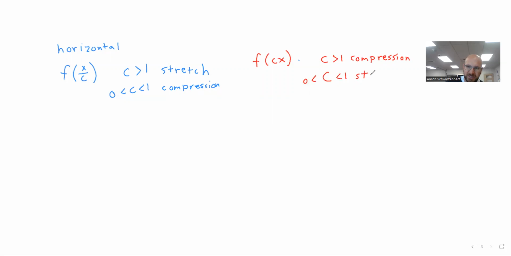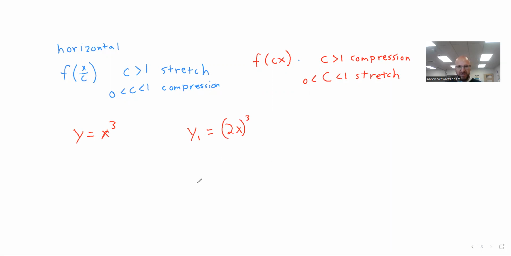Because usually what they're going to give you is, if your function is f of x cubed, you're going to get a transformed function of, say, 2x cubed.